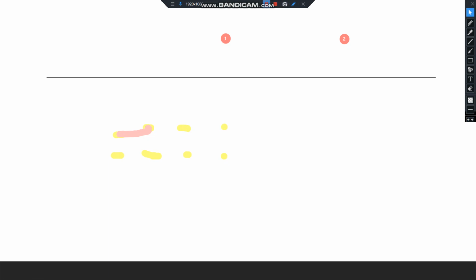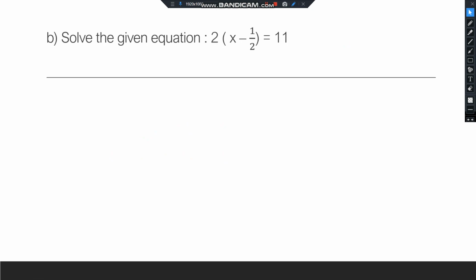Now look at question number 2. Solve the given equation. 2 bracket x minus 1 upon 2 equal to 11.